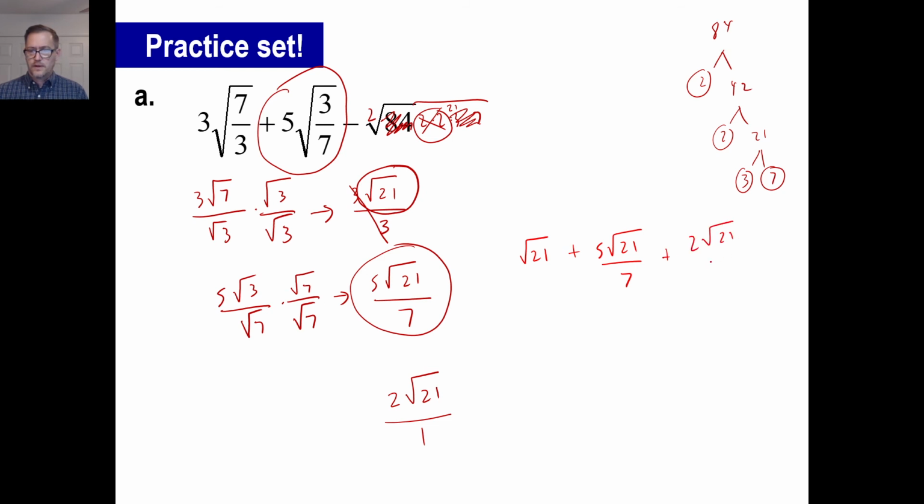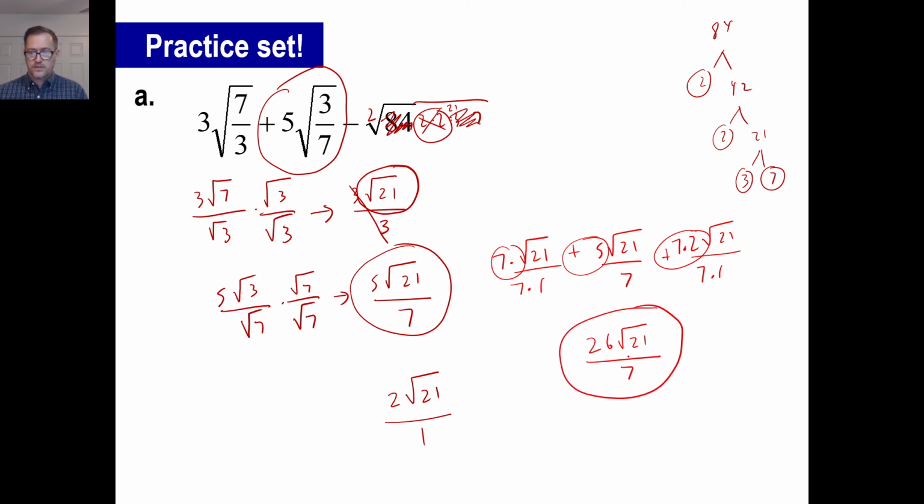All right, so obviously we're going to have to go with these. We multiply by 7, multiply by 7, multiply by 7, multiply by 7. Okay, so we have 7, 12, and then 14 more, right? So 7, 12, 14 more, so that's 26. Square root of 21, and all of this is over 7. Okay, and 26 and 7 don't reduce, so there's nothing you can do there.